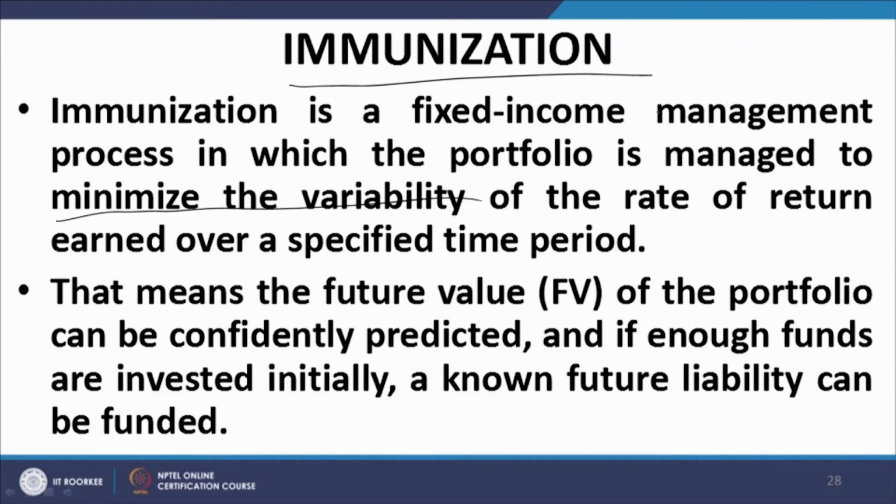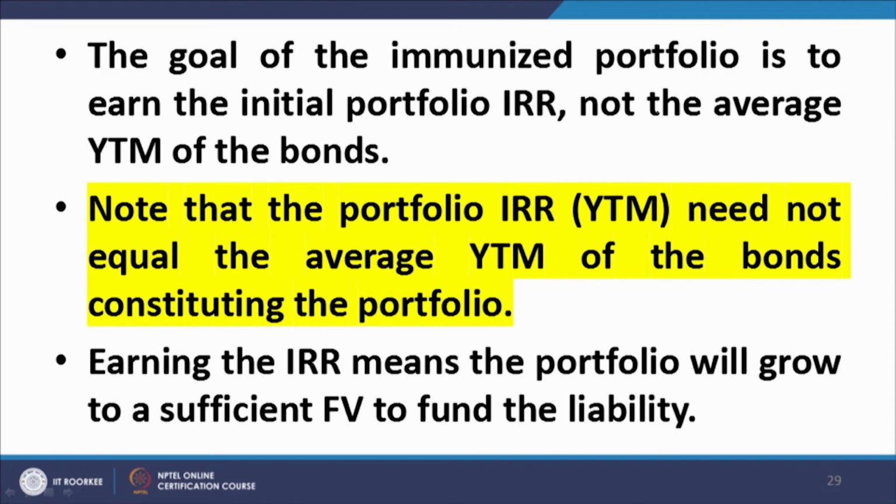So, interest rates change, but if your portfolio is so constructed that the impact of interest rates is minimized, then you can confidently predict the future value of the portfolio, and therefore, you can work out if enough funds are invested initially, then a known future liability can be funded. The goal of the immunized portfolio is to earn the initial portfolio IRR.